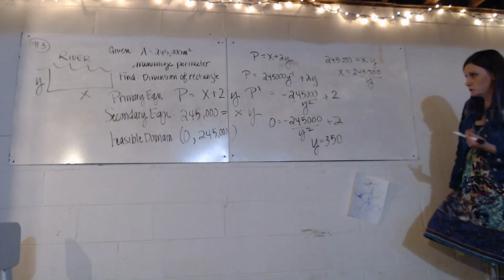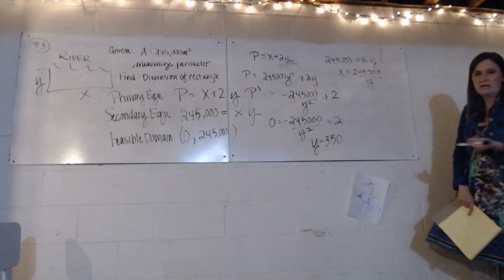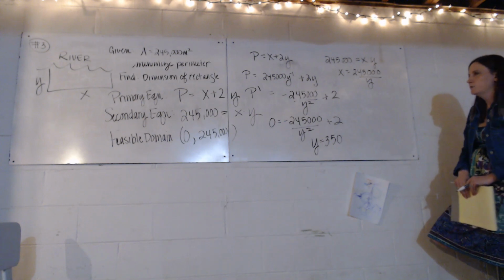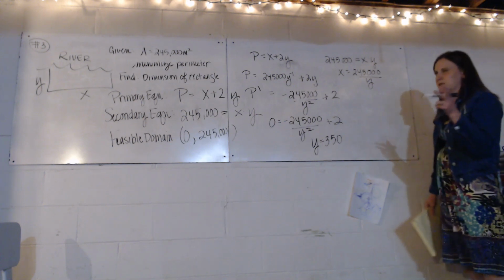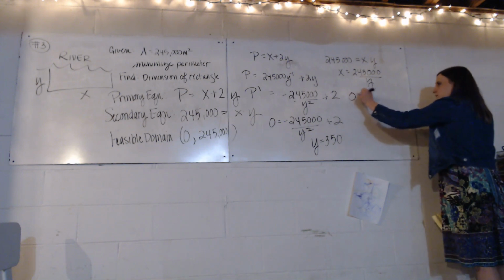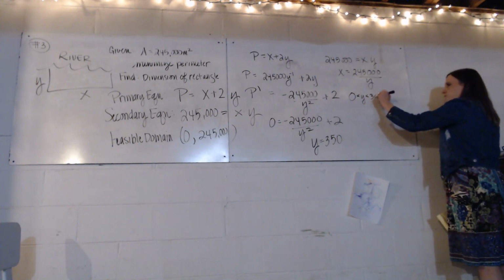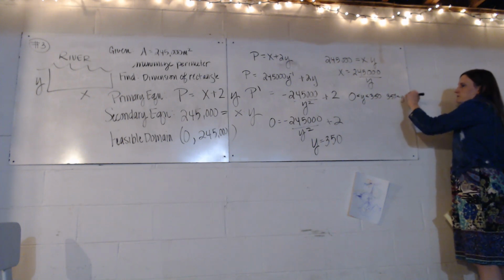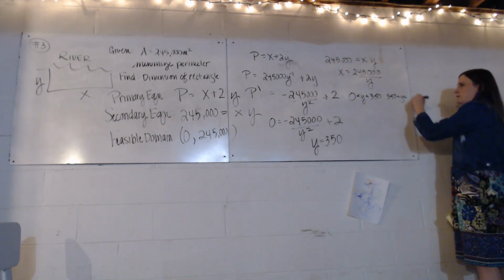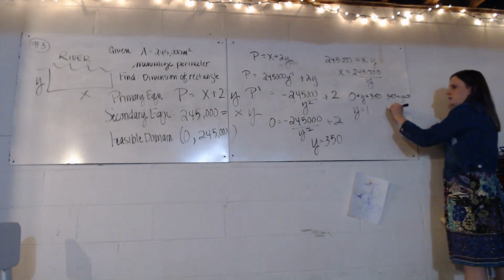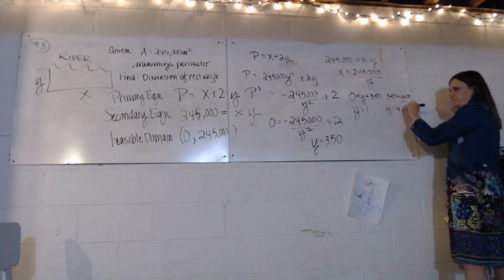So we can use the first derivative test or the second derivative test to verify that this will give me a minimum perimeter. I'll do the first derivative test because I think I just did the second derivative test twice. I'll make an interval from 0 to 350, and then 350 onward. I'll take a test value of 1 here, and I'll put in 400 here.